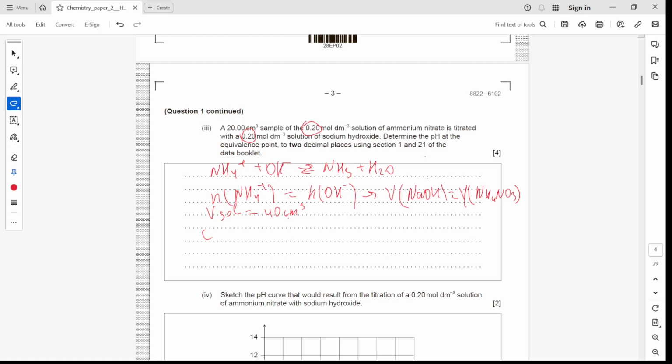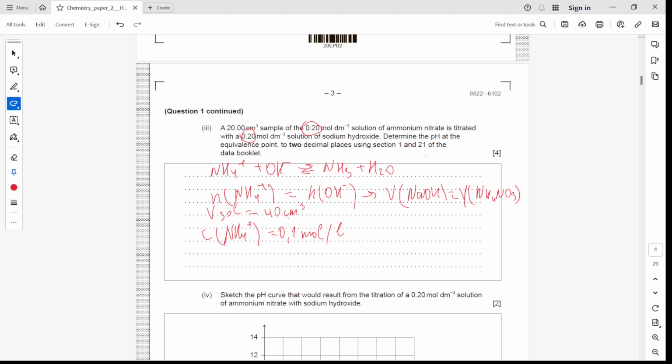So the concentration of ammonia was 0.1 mole per liter, right?